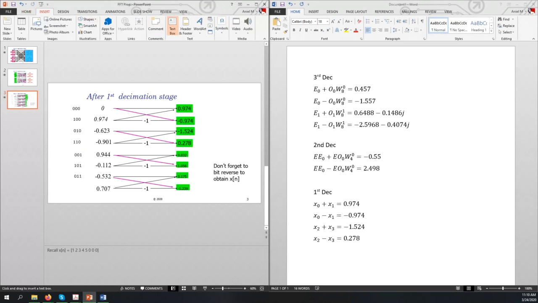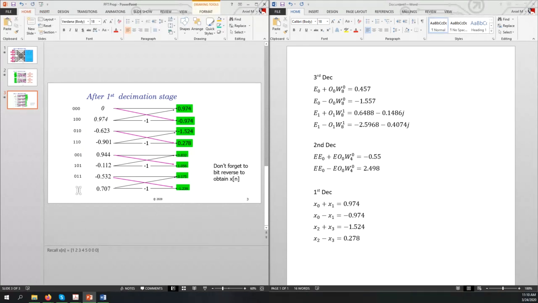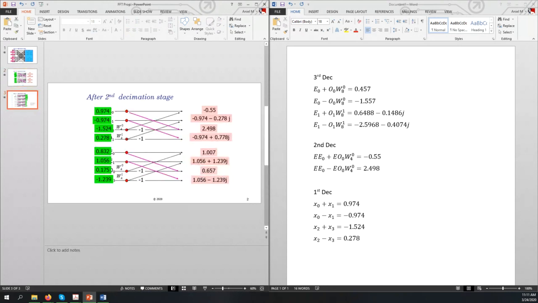And our last one here will be position 7, which means 1, 1, 1, and this is unaffected. So once we bit reverse these, we'll get back the original sequence that we require.